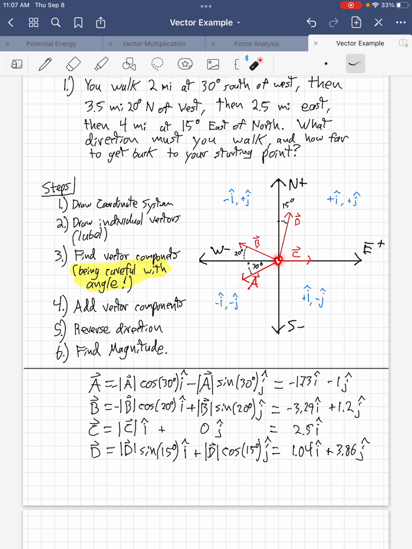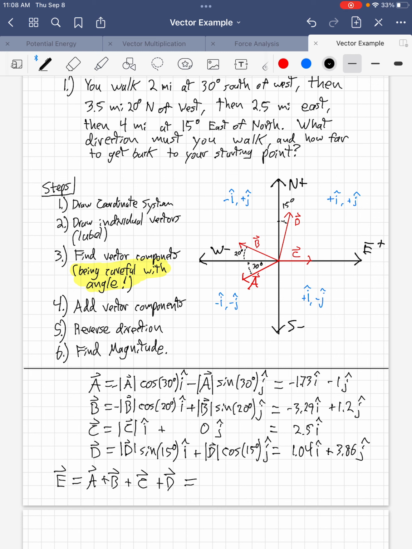And that would give us where we'd end up if we had originally walked from where we were to there, right? So let's call this new vector E, defined as A plus B plus C plus D, right? And to get those vector components, we simply add all the like components together.